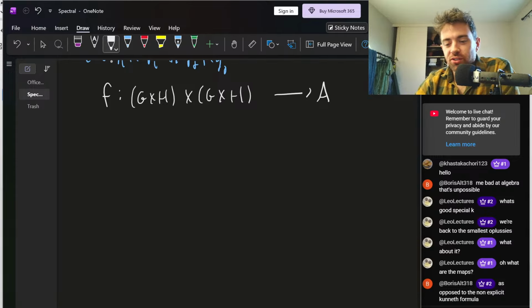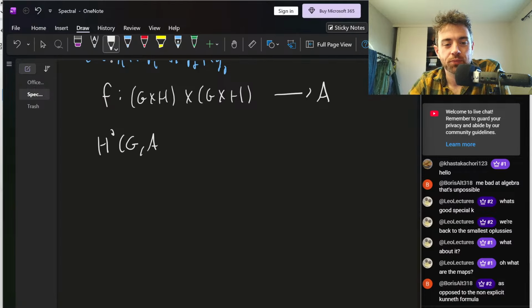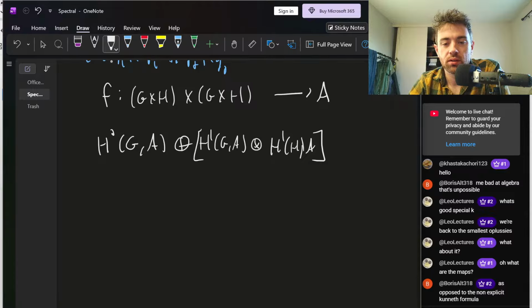As opposed to the non-explicit Künneth formula. I guess I just need to go and track through all the sequences to answer my question. But H2 should be something like this, plus H1(G, A) tensor H1(H, A), plus H2(H, A), right?